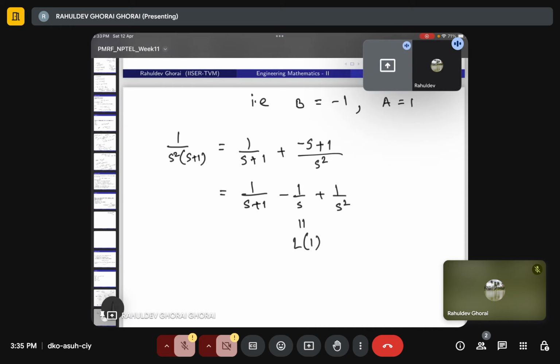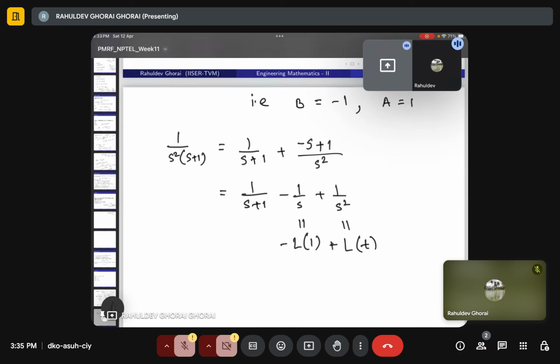L of n factorial over s to the power n plus 1, so this will be L of t, right? Because L of t is t to the power 1, so 1 factorial over s to the power 1 plus 1, which is s square, right? So this is minus and this is plus.